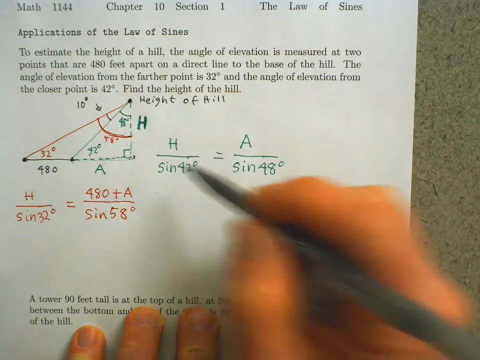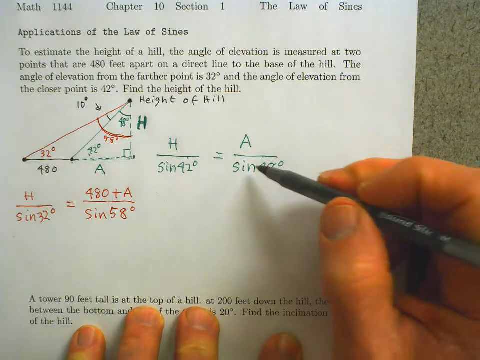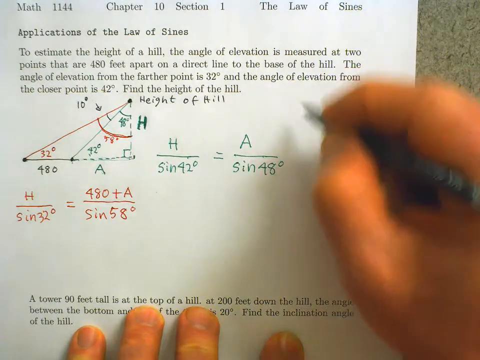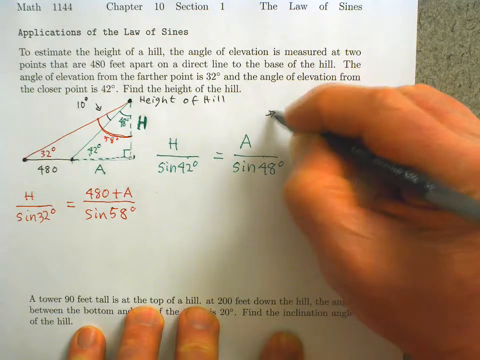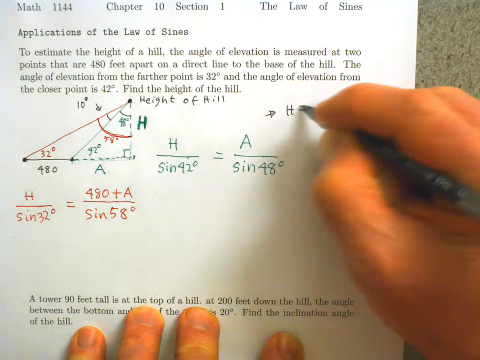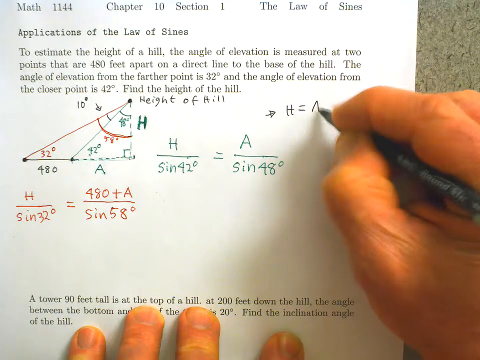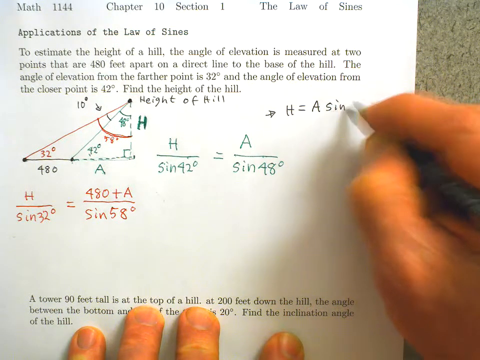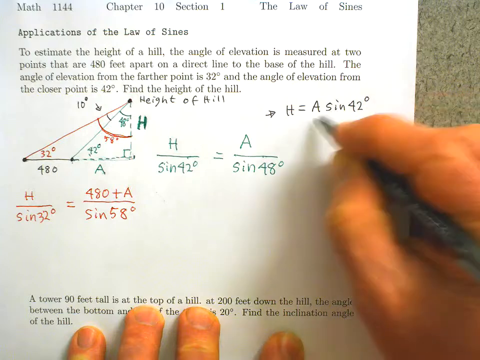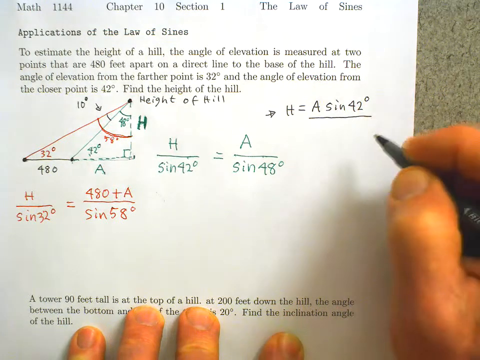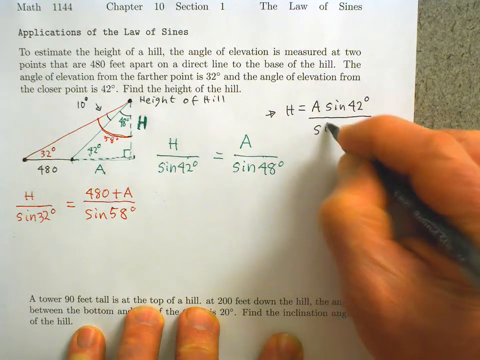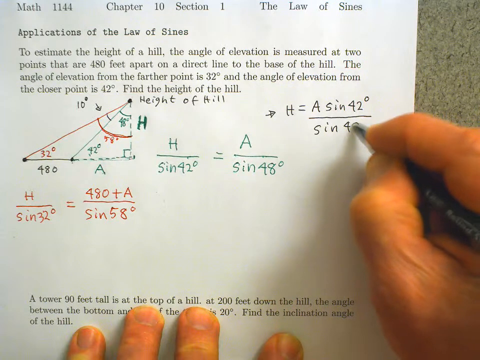But if we solve each of the two equations for H, so up here, solve for H, H is equal to A times the sine of 42 degrees divided by sine of 48 degrees.